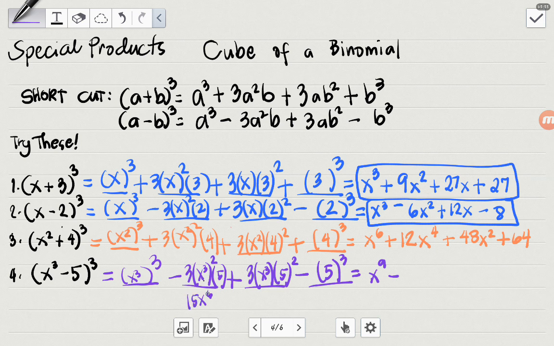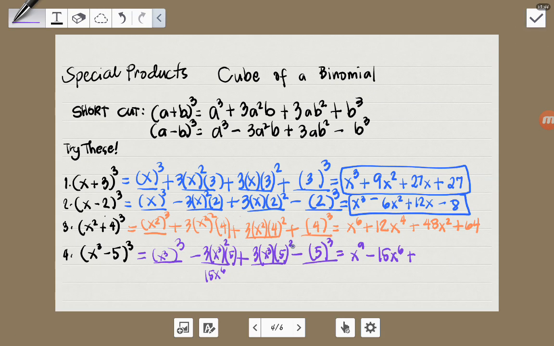So 15x raised to 6. So plus, ito, square ni 5 ay 25 times 3.